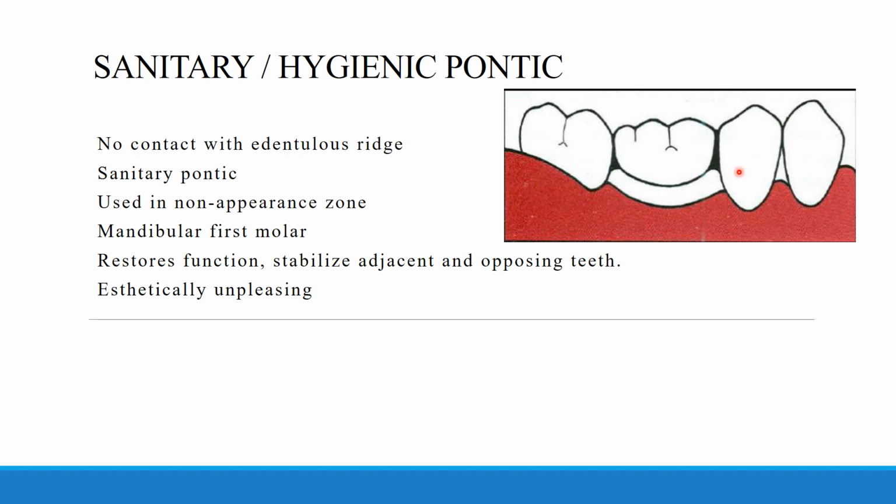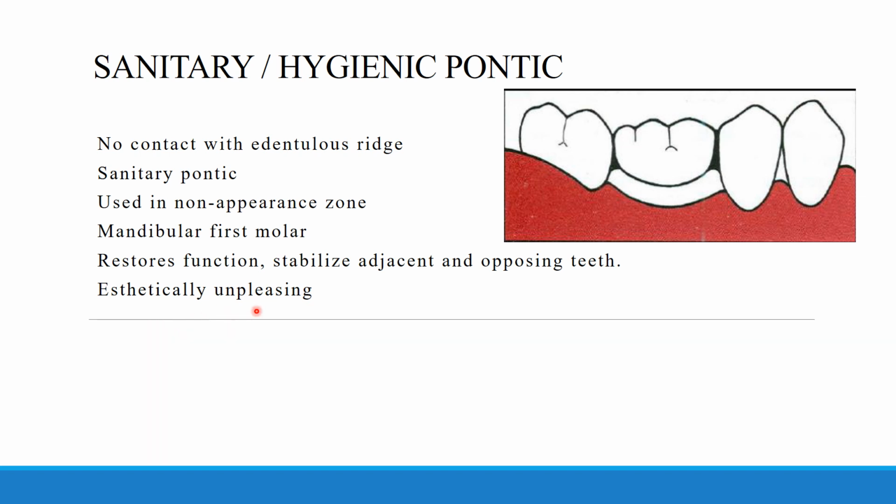Sanitary or hygienic pontic, guys. No contact with edentulous area. Sanitary pontic can be used in a non-appearance zone or non-aesthetic zone. Mandibular first molar can be used. It restores function, stabilizes adjacent and opposing teeth.